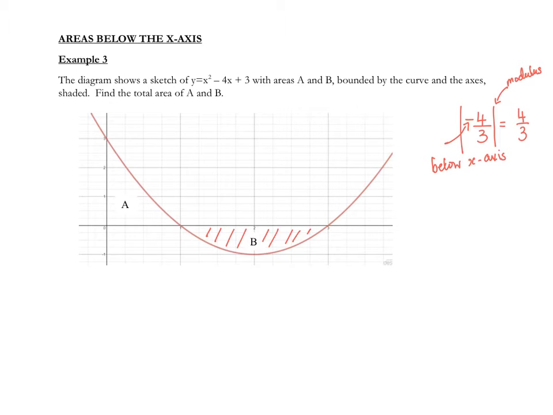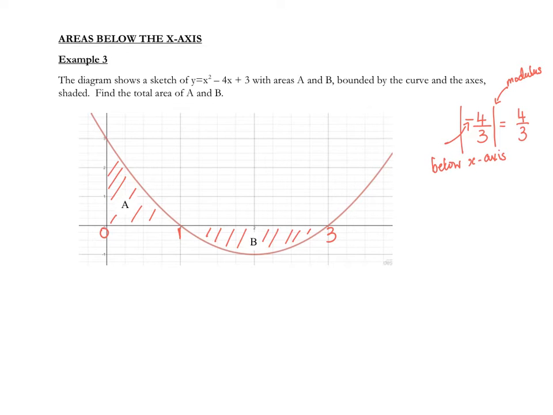So that's really, really important that you remember to do that when you see an area under a curve. So what we can see for area A is this part here, and it starts at 0 and it goes to 1, and then B goes from 1 to 3.